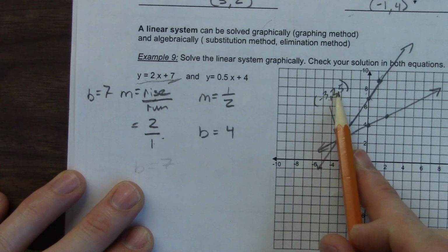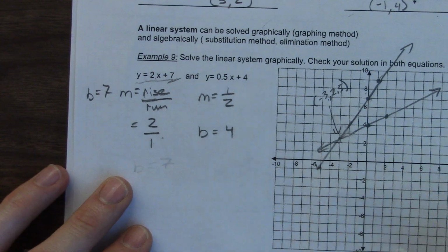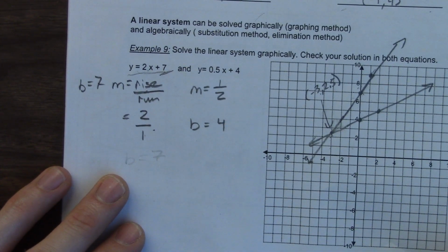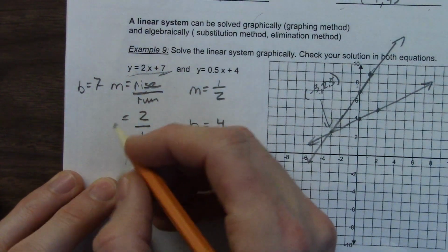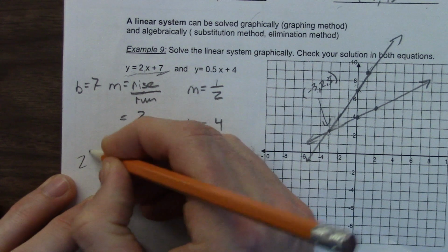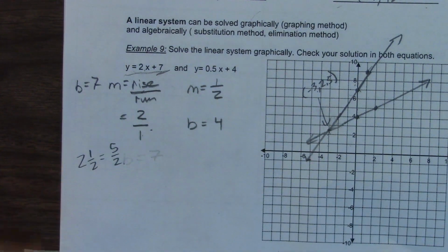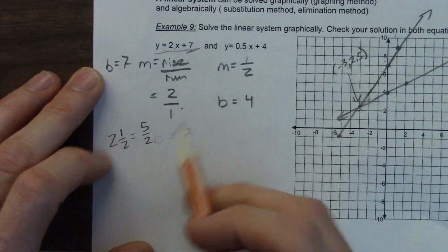So instead of 2.5, I'm actually going to use 5 over 2. Yep. So it's okay that I got something negative, right? We're going to get the answer here. Just hold on, okay? So I'm going to use 5 over 2 and negative 3.